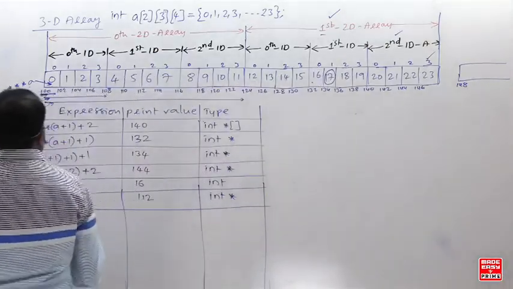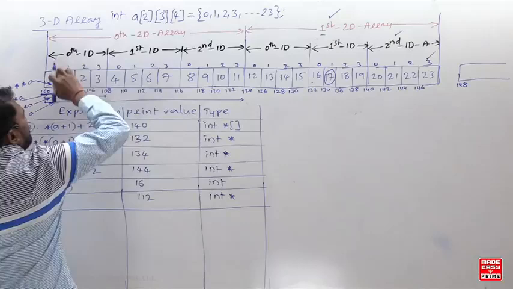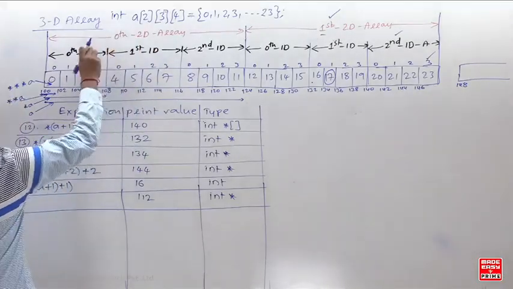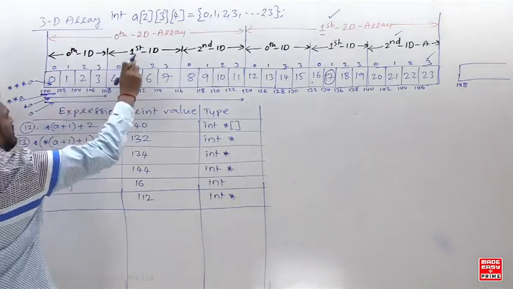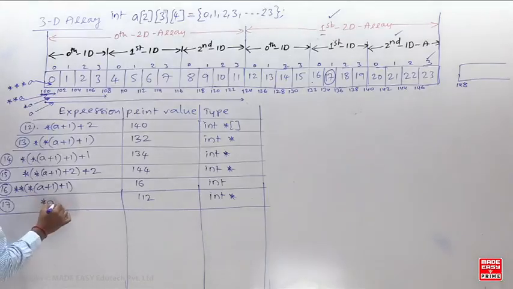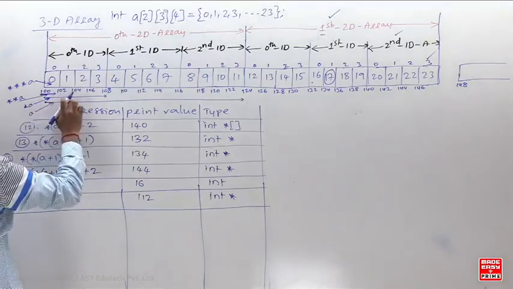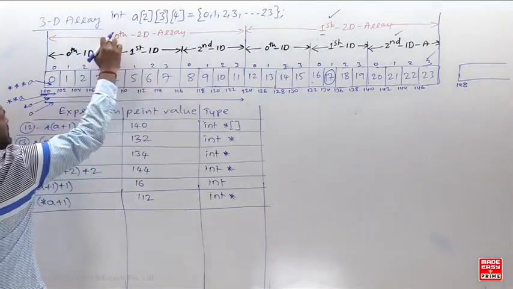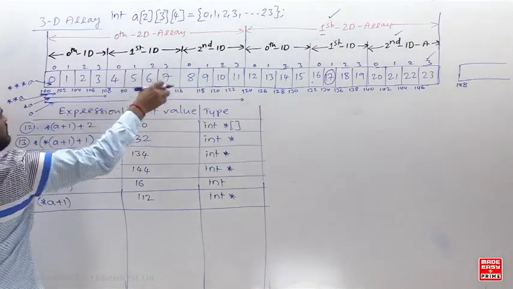Okay, very good. Many people are writing correctly. A means it is pointing to the 0th 2D array. If I say star A, it will point to the 0th 1D array. But we want to go to the first 1D array, so you say star A plus 1. Look at here, it is clearly given: A means pointing to this one, star A pointing to this one, star A plus 1 pointing to this one.